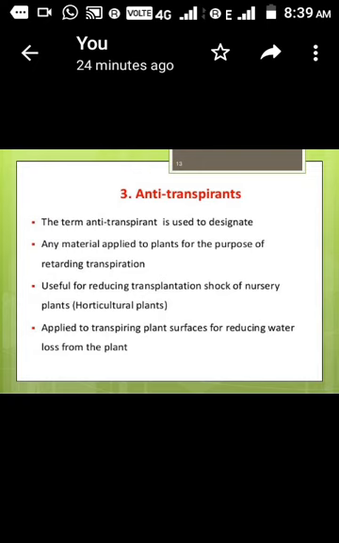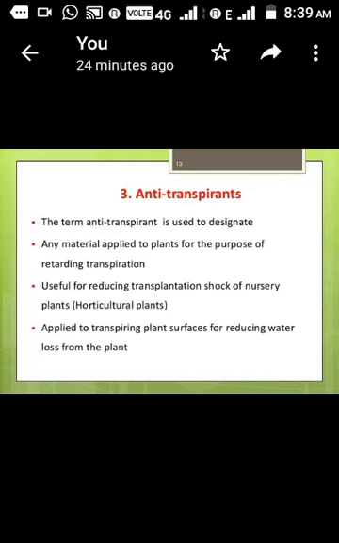This is mainly useful for reducing the transplantation shock of nursery plants. When somebody is transplanting horticultural plants, they often do not survive due to the loss of water. In this way anti-transpirants are used to reduce transpiration.